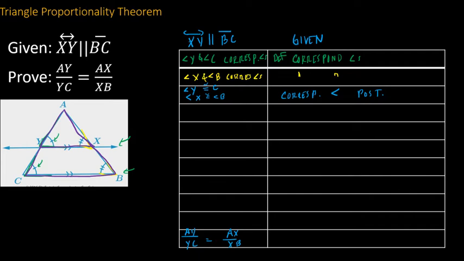Well, it tells me that triangle ABC or ACB, however you want to name it, is similar, not congruent, similar to triangle, we'll call it AYX. So I've got my small triangle, and I'm saying it's similar to triangle ACB or ABC.